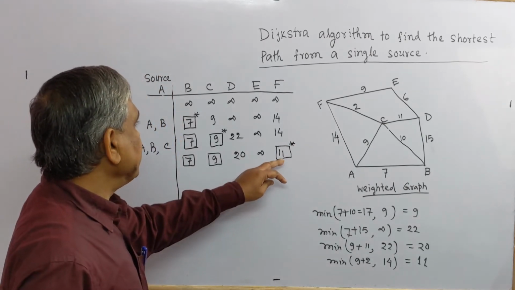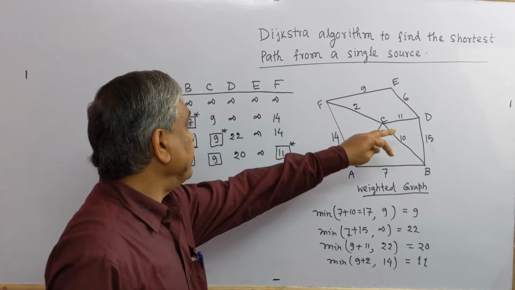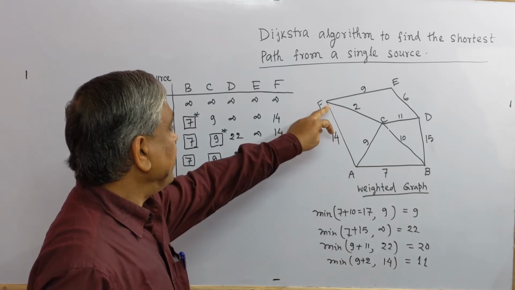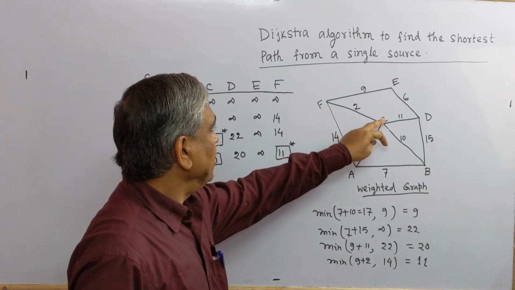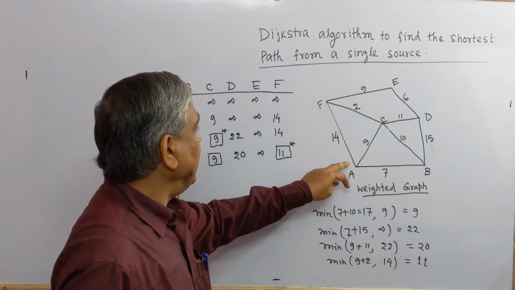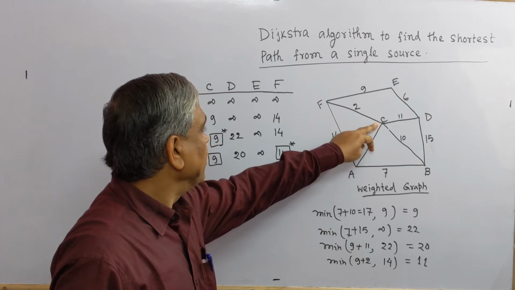Now we calculate the distance from vertex F to its adjacent vertices. Adjacent vertices of F are A, C and E. A and C were already selected as stable vertices.